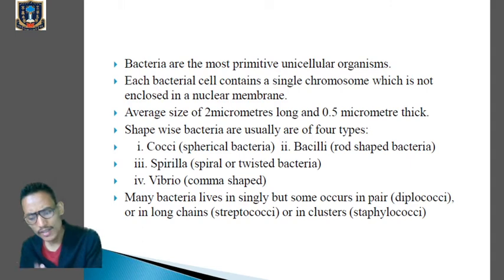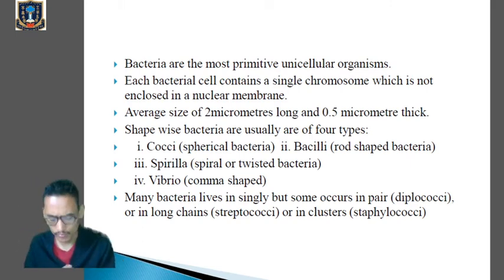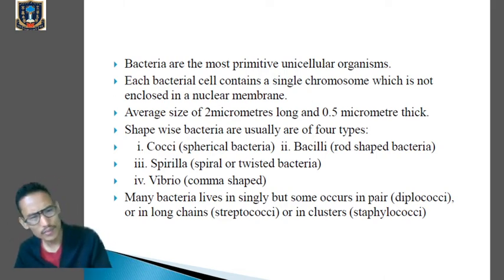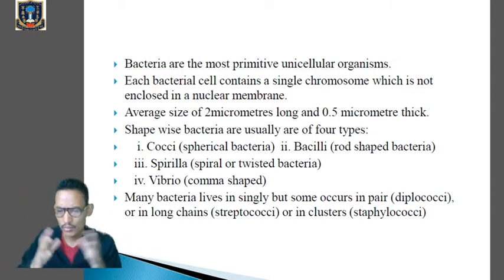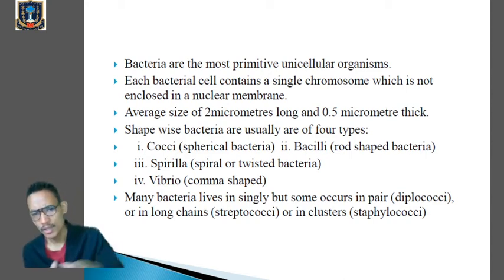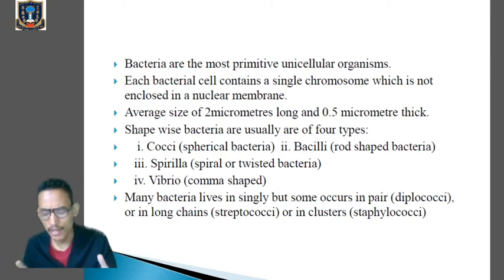So the genetic material in bacteria, that is the single chromosome, is usually present in the center of the cell. It will be free floating in the cytoplasm. In our case, it will be within the nucleus because it is enclosed by the nuclear membrane. But in bacteria, there is no nuclear membrane, so the genetic material will be freely floating in the cell cytoplasm.